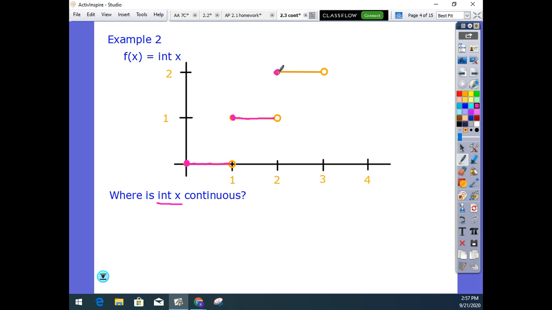Do you notice that it is continuous at all places except integer values? Everywhere but integer values.